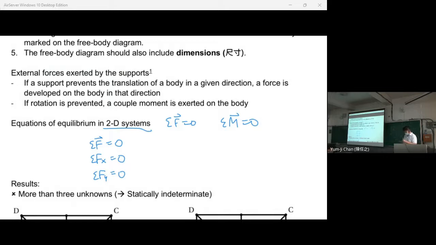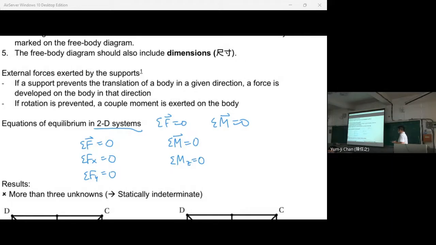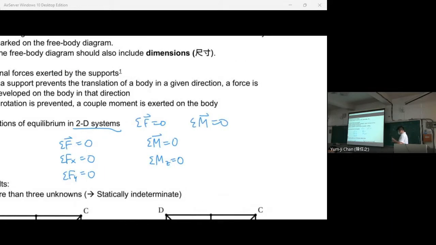And then we have summation M equal to 0, you can say summation Mz equal to 0. How many equations do we have in total? 1, 2, and 3. So we have 3 equations in total.